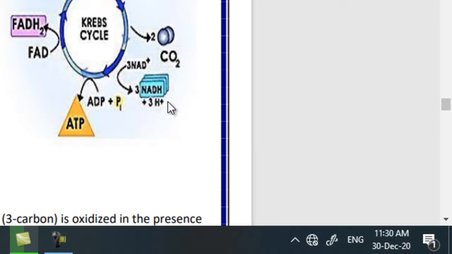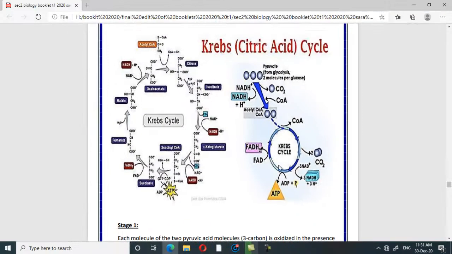So the net result of the Krebs cycle is that we have 3 NADH, multiplied by 2 because the cycle is repeated 2 times. We have 1 direct ATP molecule, which we also multiply by 2. Also we have 1 molecule of FADH2, multiplied by 2, so we have 2 FADH2 molecules.